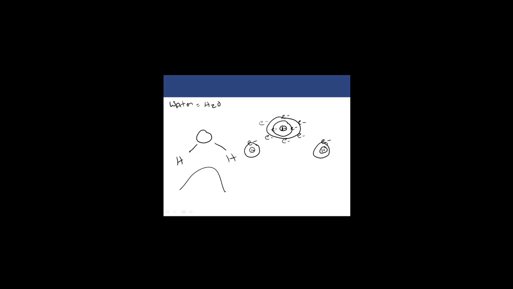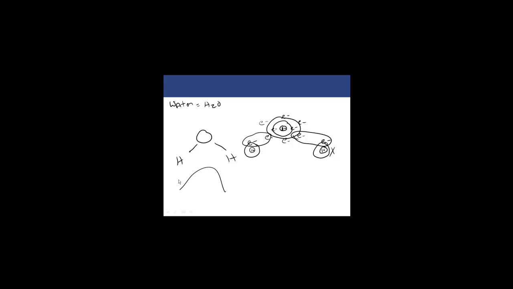What you get is a sharing. If the hydrogen atom here shares its electron with the oxygen, both atoms are going to have full valence shells. And the same thing on the other side. So this is a very nice match.